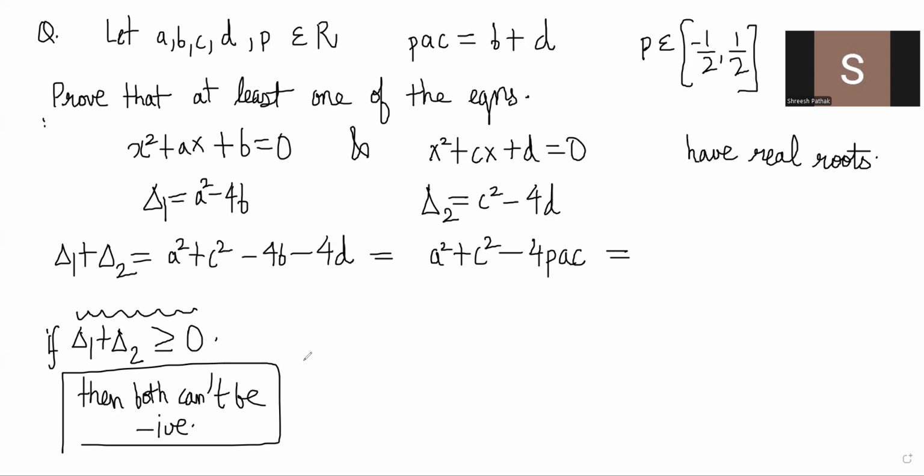How? Could you write? Then I would show a square plus c square less than 4AC. So we would divide. Again, we don't know about the sign of AC, right? So we can't do this, right?